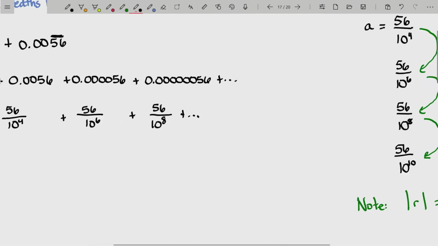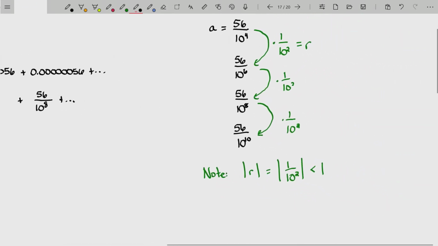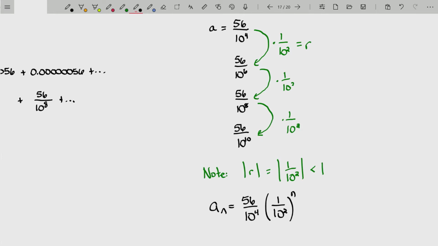Plus. But now I can easily say that my formula for my geometric sequence is a sub n equal to the initial value, 56 over 10 to the 4th, times the common ratio, 1 over 10 squared, raised to the n minus first power.